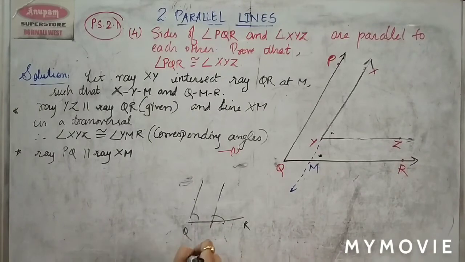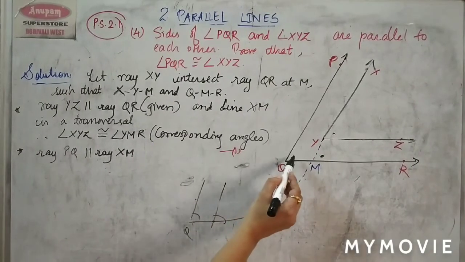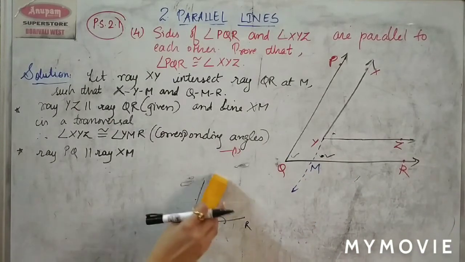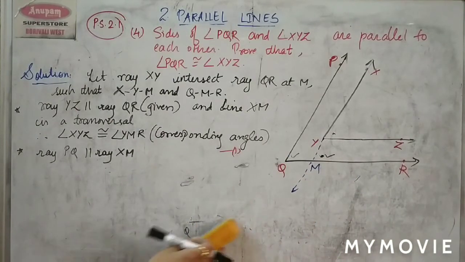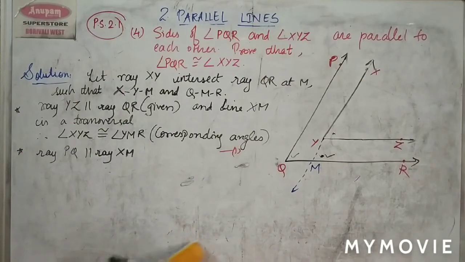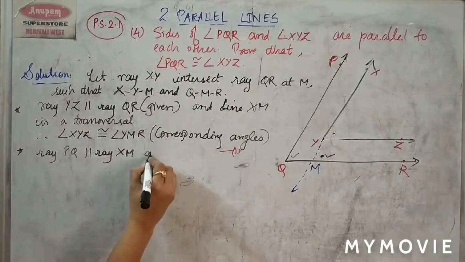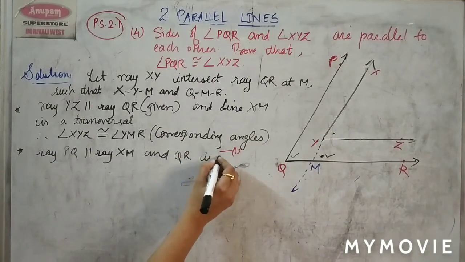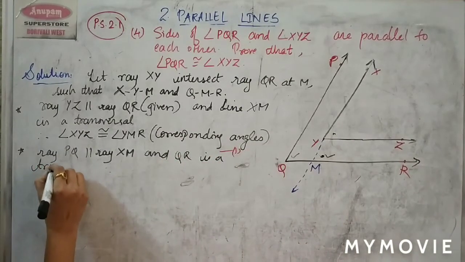So these two angles are going to be equal. According to that knowledge, this angle and this angle are going to be equal to each other. The reason will be corresponding angles. So that is the other pair I write down, and the transversal will be QR. QR is a transversal.